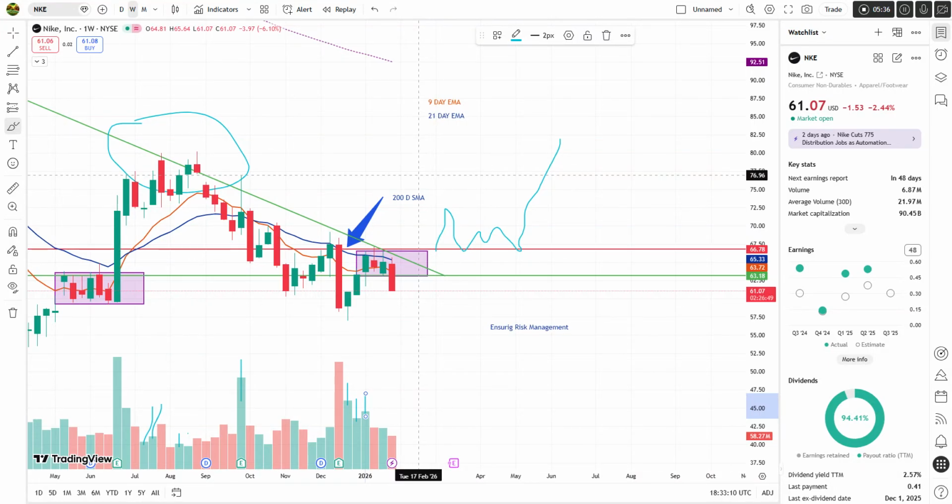So just to backtrace, this is something that we teach in our group: effective risk management. Because if we didn't have effective risk management, we would still be in this trade, with this drawdown happening right here, wondering to ourselves, where is Nike going to go?